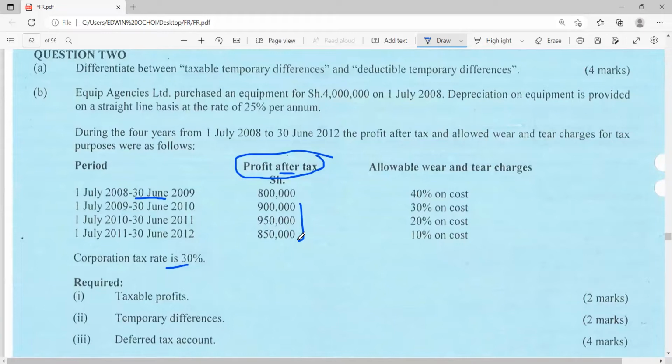So 900,000 divided by 0.7 is 1,285,714. Then the third one is 950, and you get 1,357,143.